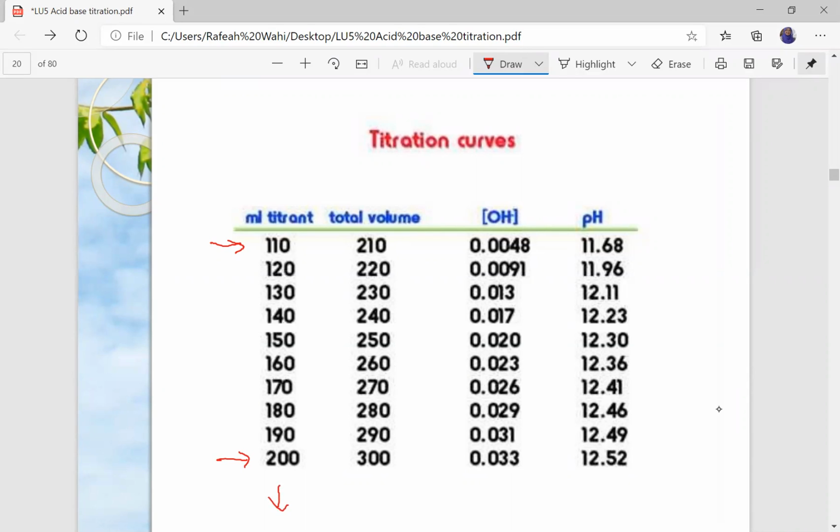This is good enough because you see that there is not much difference in the change of pH after the equivalence point. If you look at these values, 11.68, 11.96, 12.11, and 12.52, even after addition of 100 mL extra titrant to the analyte.